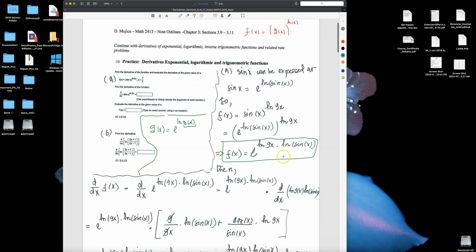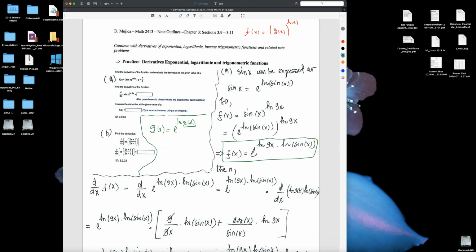Now we compute the derivative of this one, which is very easy, because it is the composition of the exponential function with an inner function that in this case is a multiplication of two others.